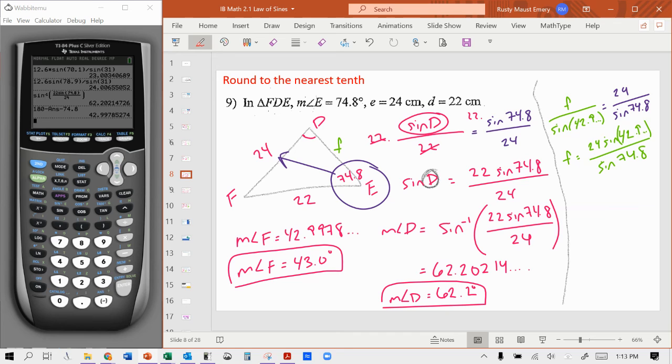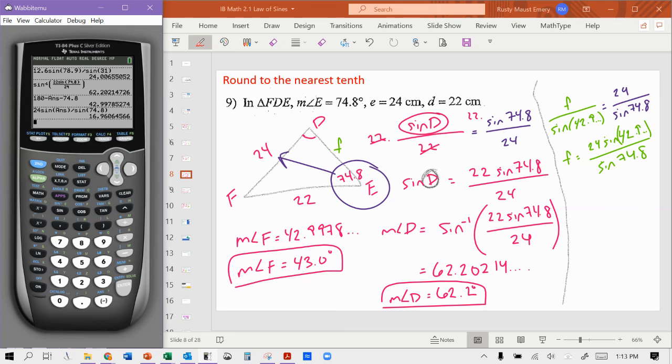So in my calculator, here's what that looks like. 24 times the sine of, again, that previous line is the previous answer that I want. So 42.99, and so on. Close that parenthesis, divided by sine 74.8.